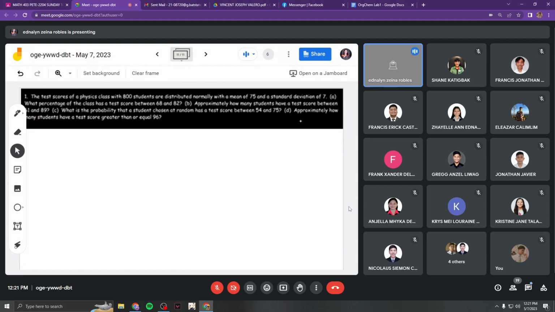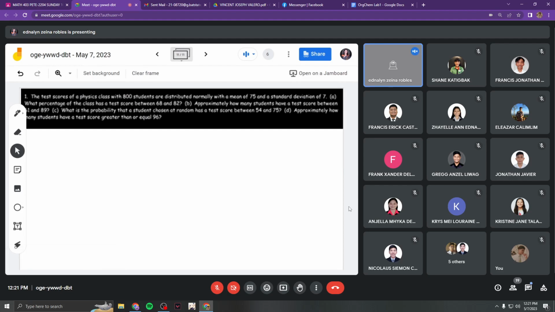Okay. So the problem states that the test scores of a physics class with 800 students are distributed normally with a mean of 75 and a standard deviation of 7. What percentage of the class has a test score between 68 and 82?